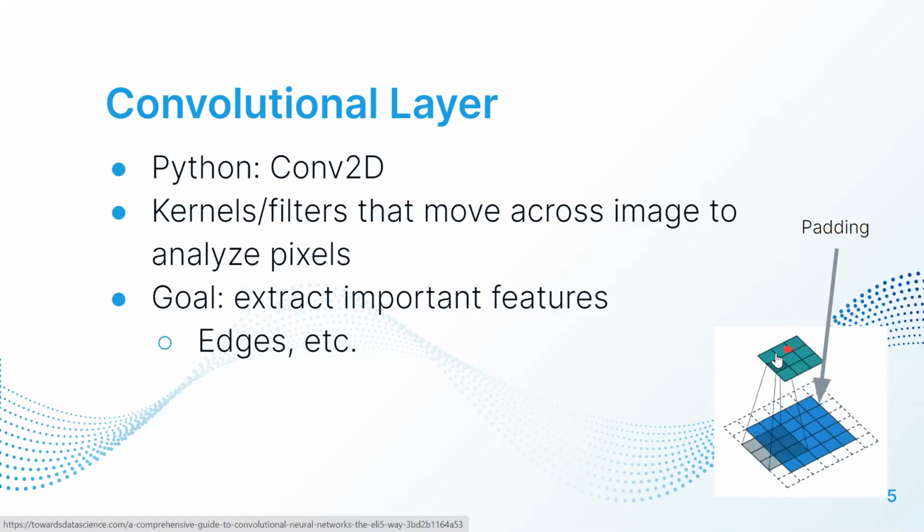As you can see, it moves across the image with a 3x3 filter, it seems. There's also some padding here, which is basically the outer edges of an image to analyze too. The goal is to extract important features in the convolutional layer, whether that be things like edge detection, or the sizes of different parts of the image.